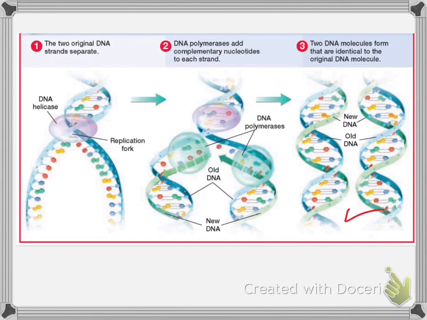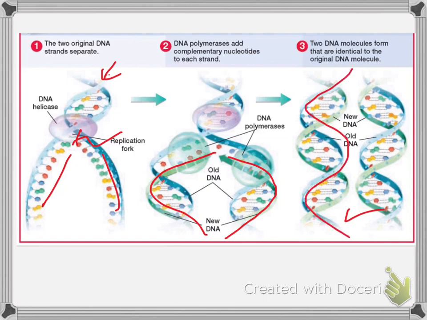This is the main DNA, then helicase unwinds the DNA forming the replication fork, and the DNA polymerases add the nucleotides and we get 2 new strands. This is the parent DNA and this is the new DNA.